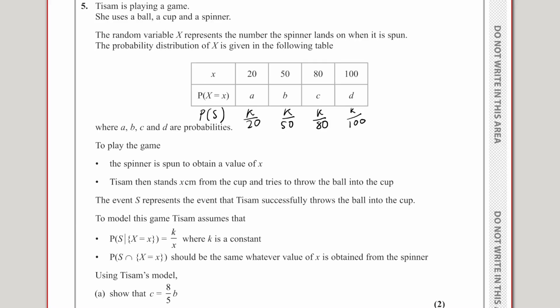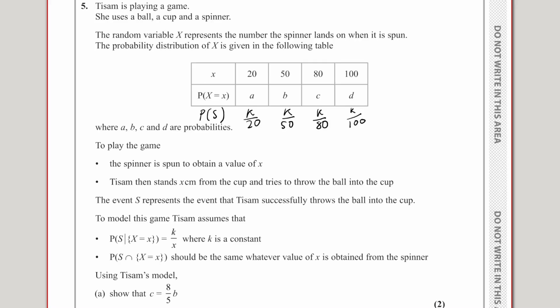The probability of S and the probability of X is the same whatever value of X is obtained from the spinner. So we've got half the chance of getting it in if it's 100 as opposed to 50, but the probability of getting both of them should be the same.